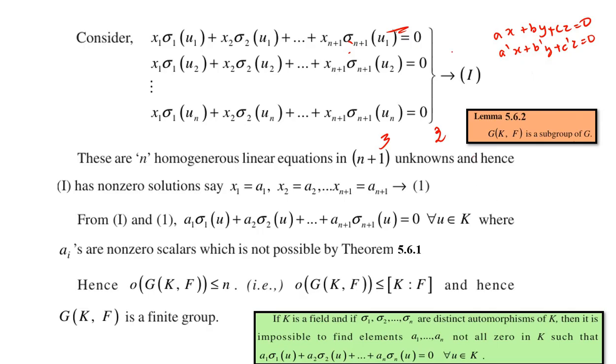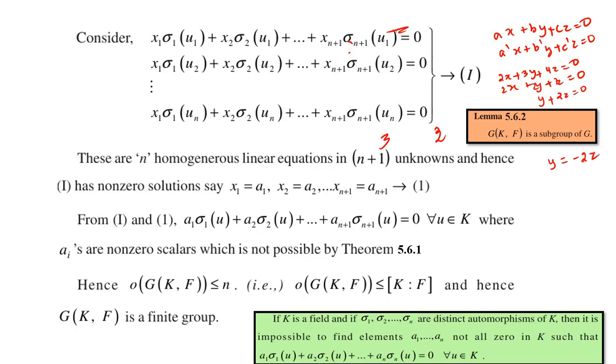Shall we take an example? Suppose I consider 2x plus 3y plus 4z equal to 0, and x plus y plus z equal to 0. Now we multiply this by 2 so that you have 3y minus 2y, so y, and here we are subtracting, so 2z equal to 0. So y is equal to minus 2z.